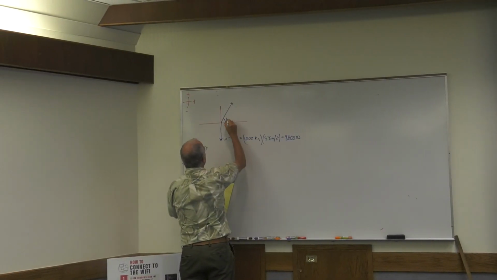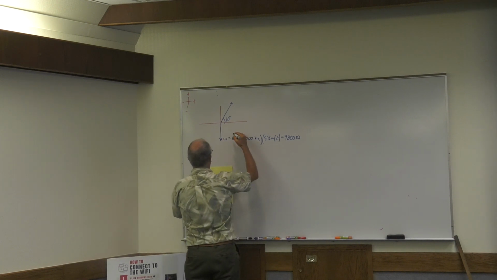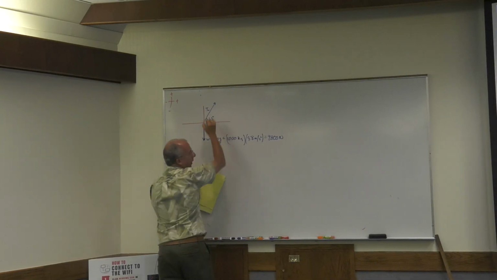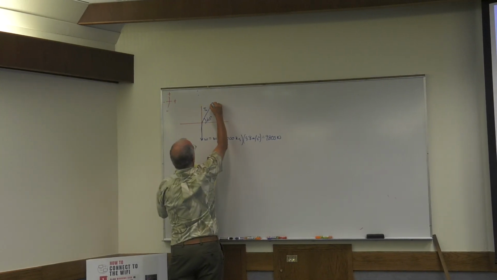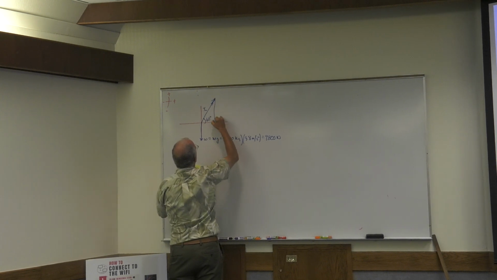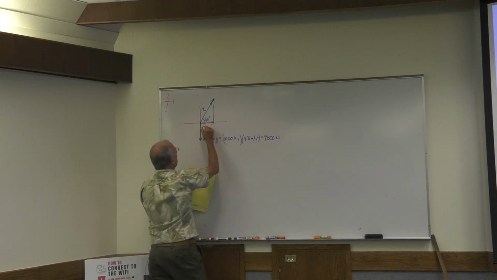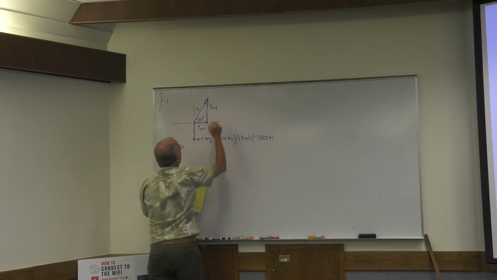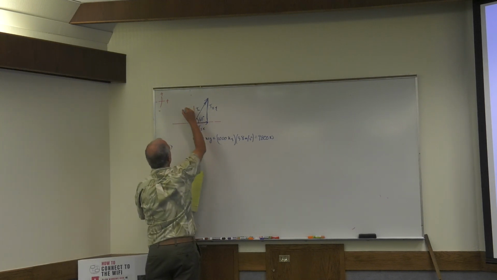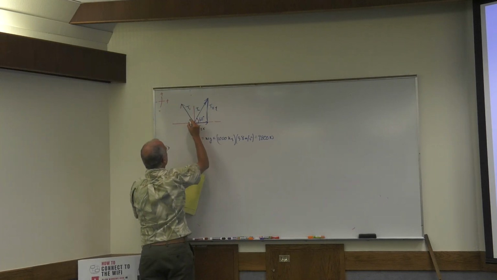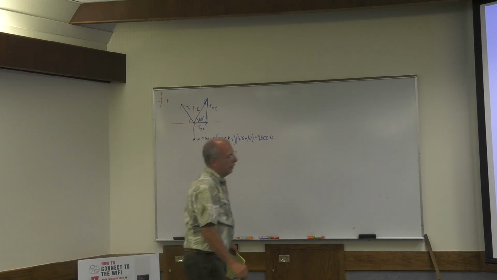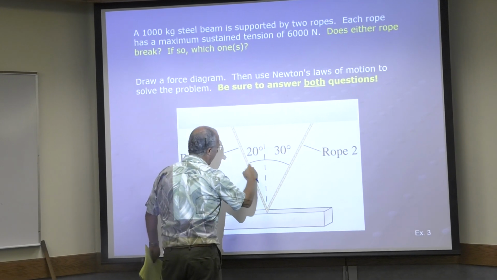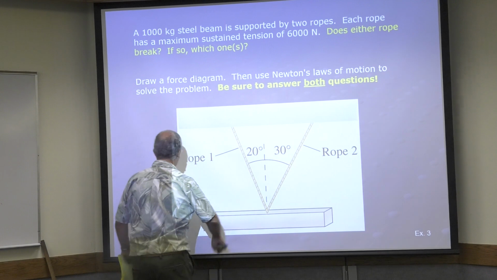So that's 60 degrees, and I call that T2, because rope 2. So we're going to have to resolve this vector. There's the x piece, so that's T2x, and this is the y piece, T2y. We have rope number 1, so that's T1, and that's 70. So if this is 20, that's 70.